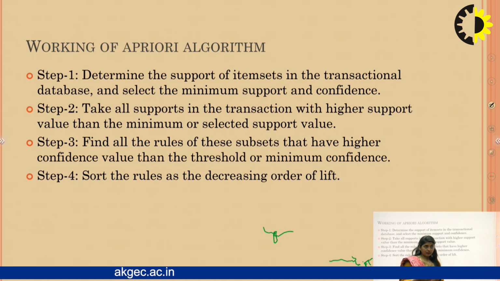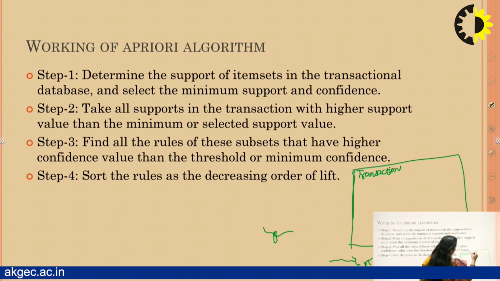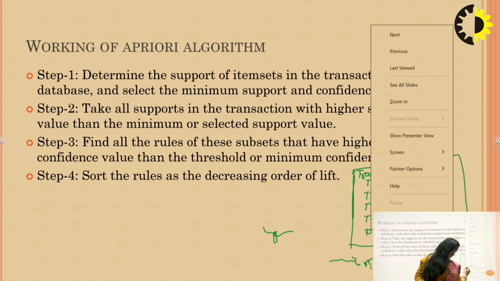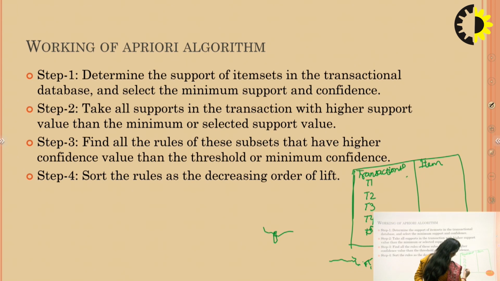Now let us solve this using an example. Next are the items. What are the items we are having? Suppose the transaction IDs are T1, T2, T3, T4, T5 and T6.